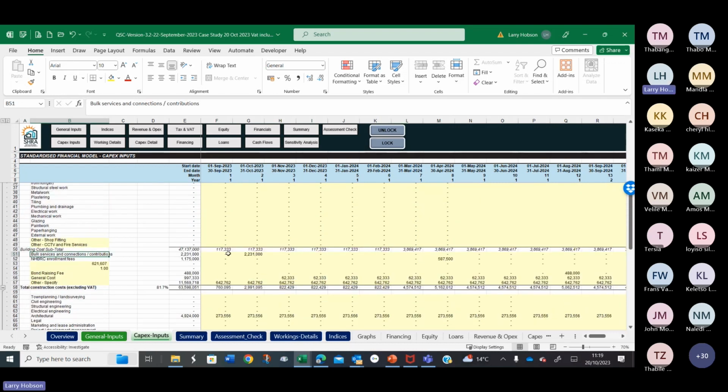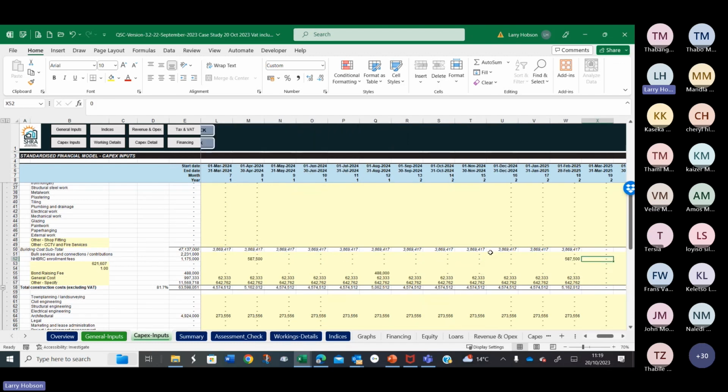Some other things here, we've got some bulk services. In their case, they had to put in some money to bulk services, so I've put that contribution in right at the start, just after paying for the property. NHBRC enrollment levy, I know they wanted to take those in 2 chunks, so I've just put them in at 2 chunks during the process, one in the middle, one at the end.